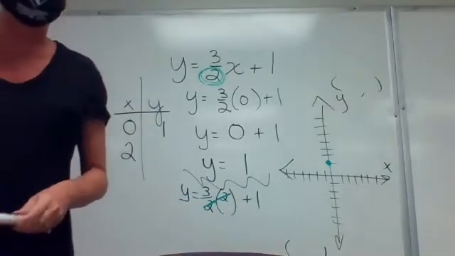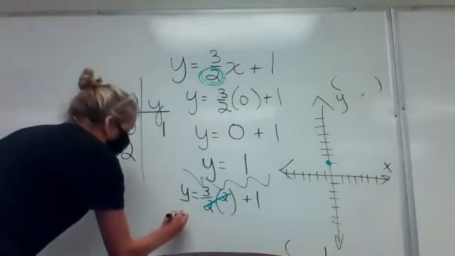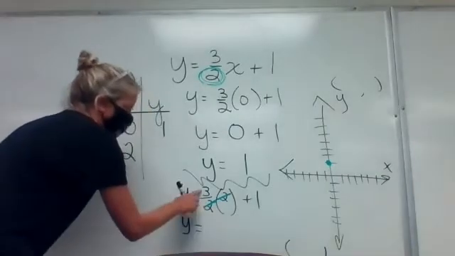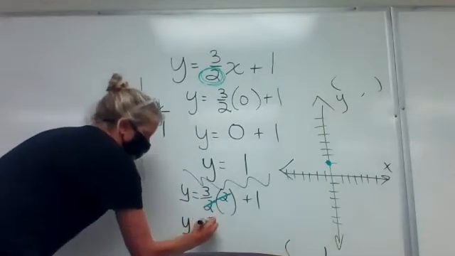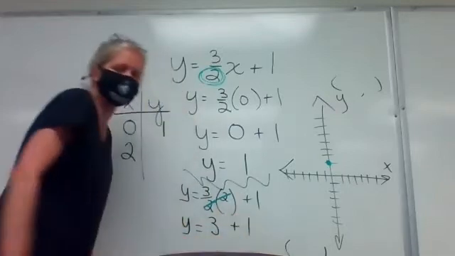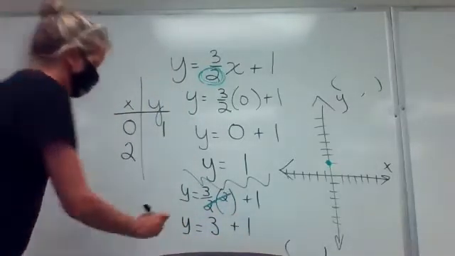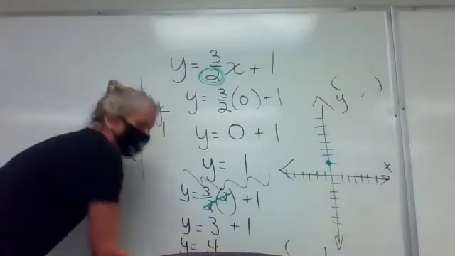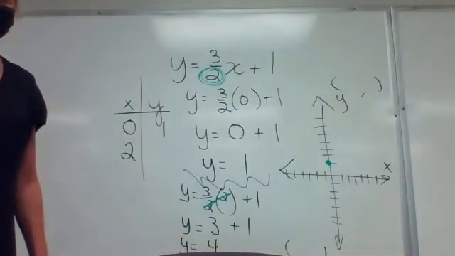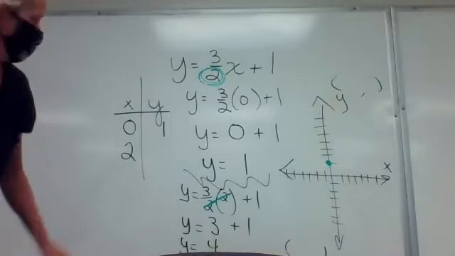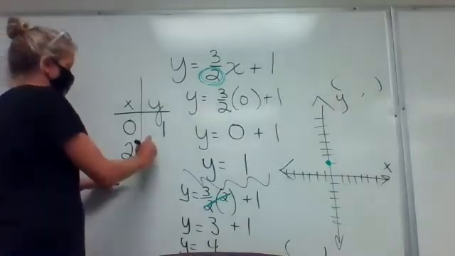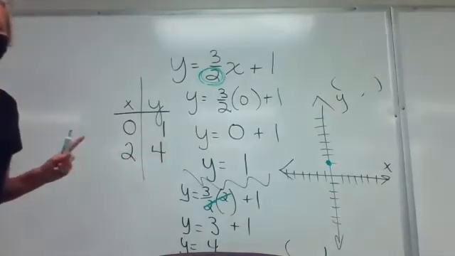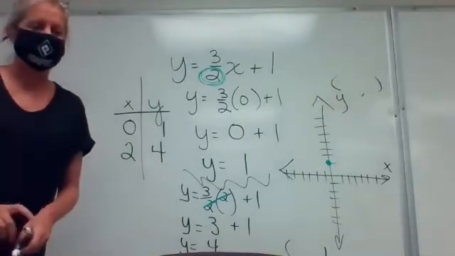That's why you want to use the 2s. Then all I'm left with is Y equals 3, drop down the plus 1. So you're just left with Y equals 4. If I plugged in a 2 for the X, it gave me a 4 for the Y. There's my other point that I can plot.